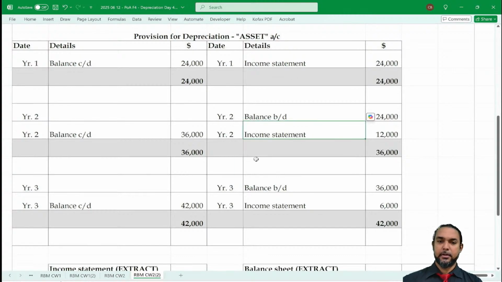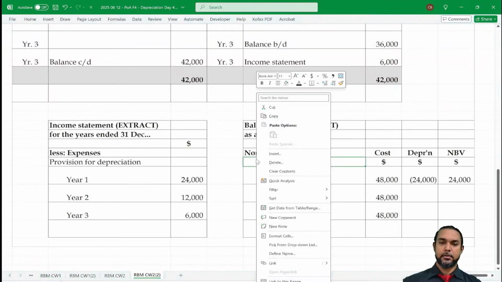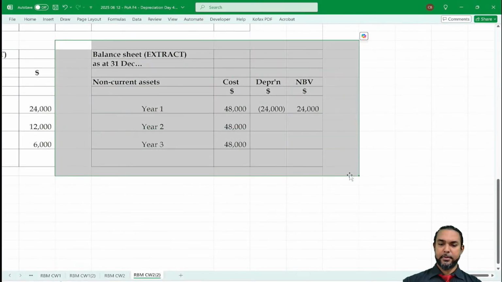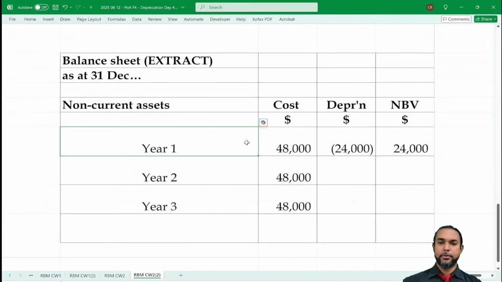All right, so let's take a look. Again, the cost does not change. The value for depreciation does, as in the total balance. So in year 2, we charged 12 more. 24 and 12 was 36, which we saw as the balance in the T account at the end of year 2.